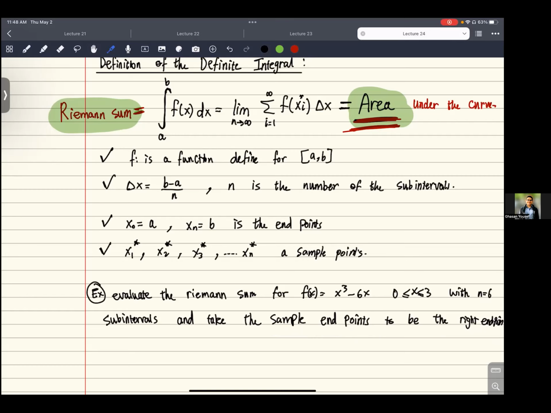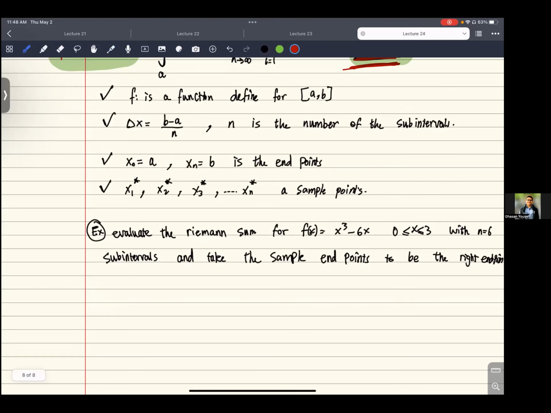So the goal is to find the limit of delta x times f of xi star when n goes to infinity. My question is, what is delta x?